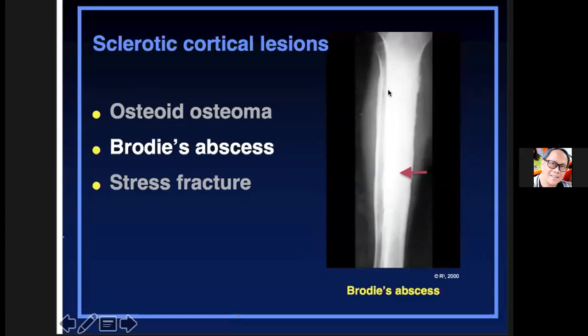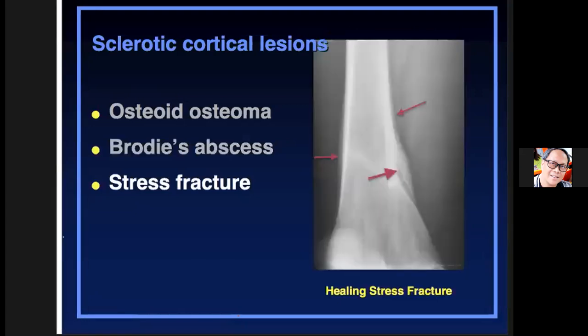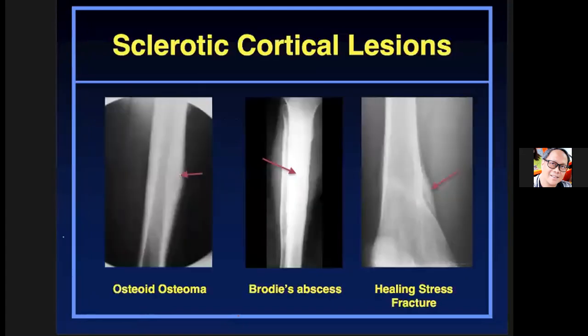This is the tibia. You also have a solid periosteal reaction in the adjacent fibula. So stress fracture, maybe the bone is trying to heal and repair itself by producing new bone at the area of stress. Okay.